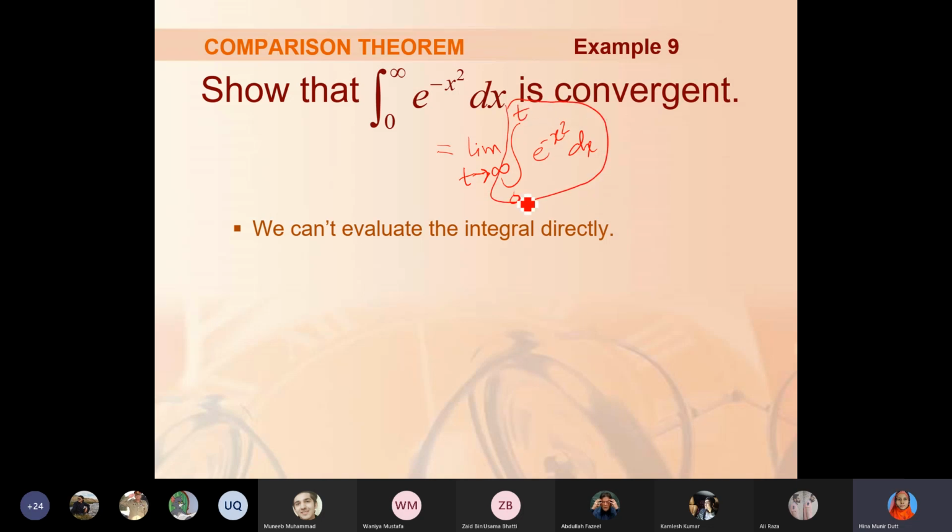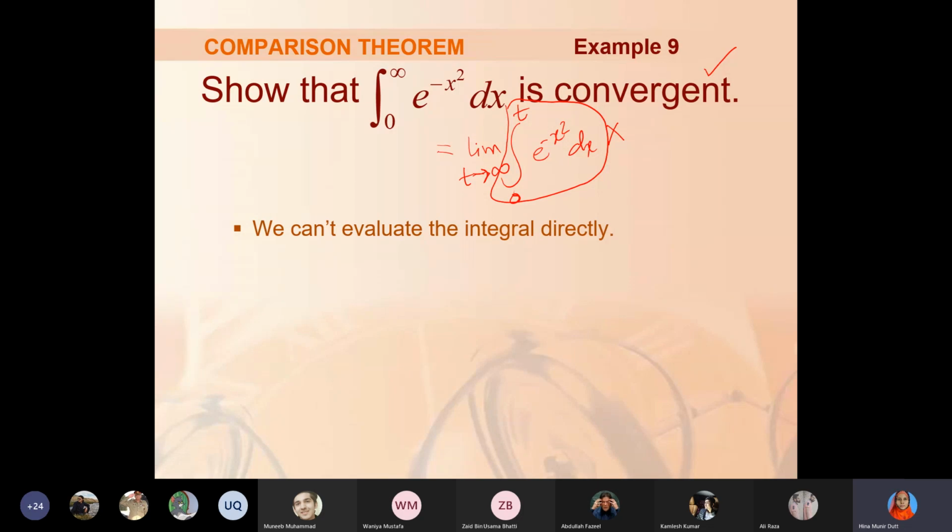So I will not do this procedure. I will just check whether the area under this curve is finite or infinite, that is, whether this integral is convergent or divergent.